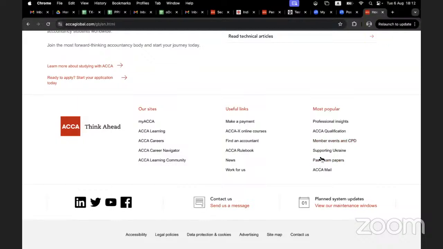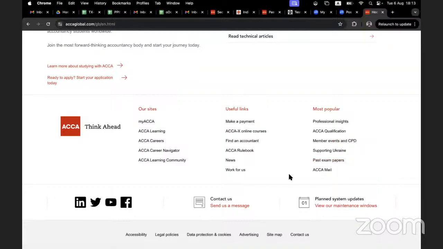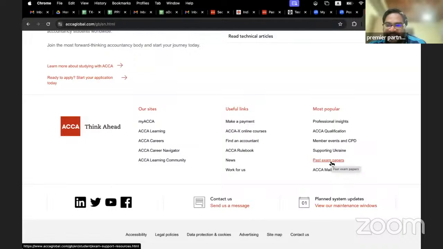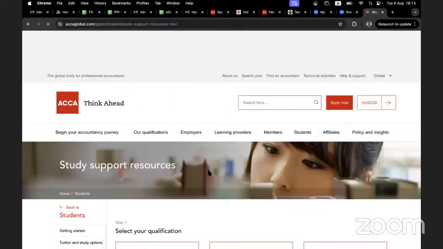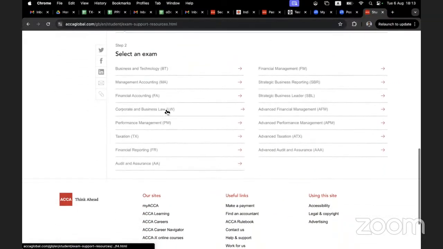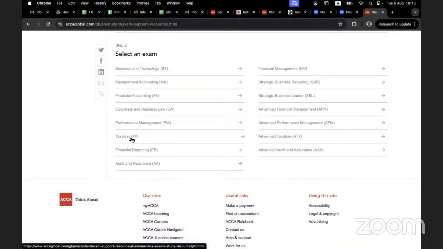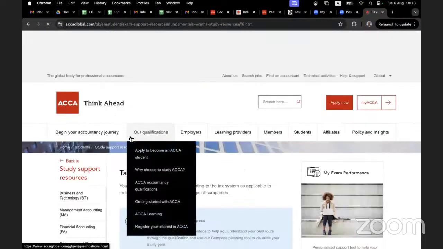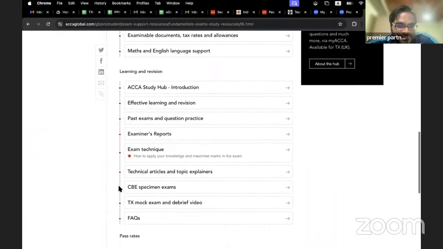Yes, sir. Then go to the very last bottom. Yes, sir. Then go for the past exam papers link. Click that. Okay, sir. Then select ACCA qualification from here. Right. Then click taxation. Then you get a list of options here, no?